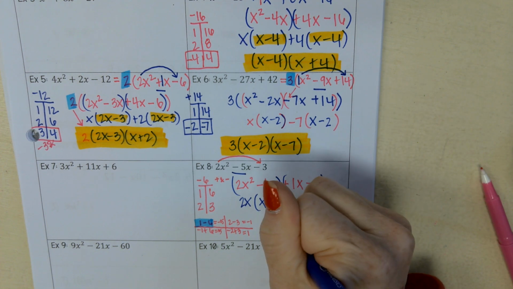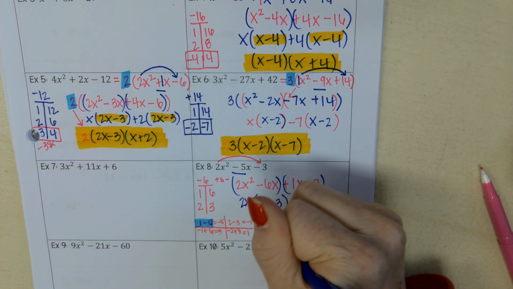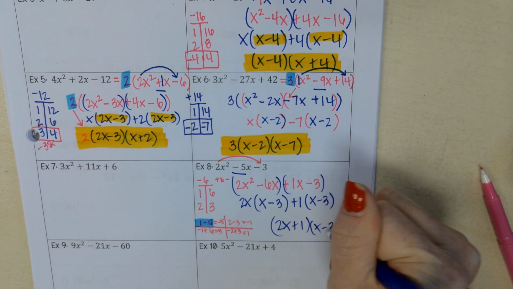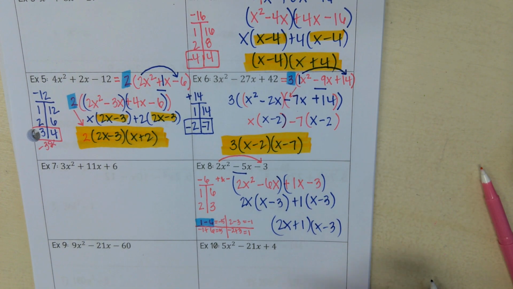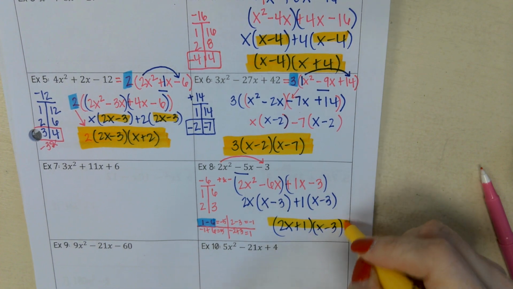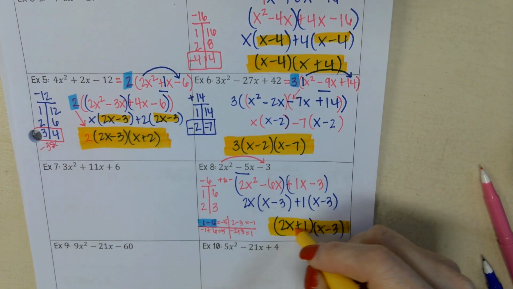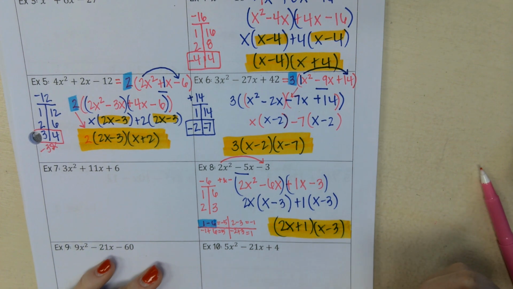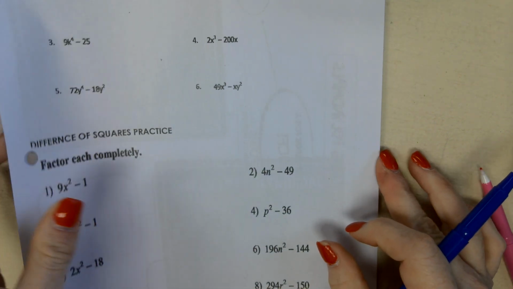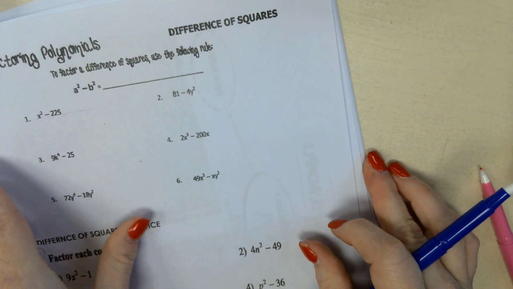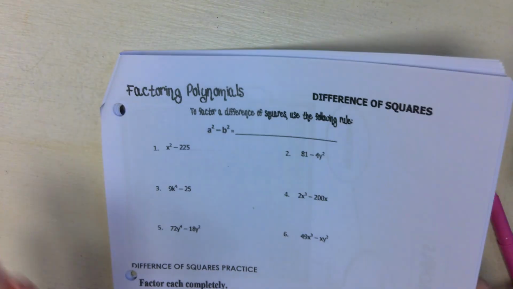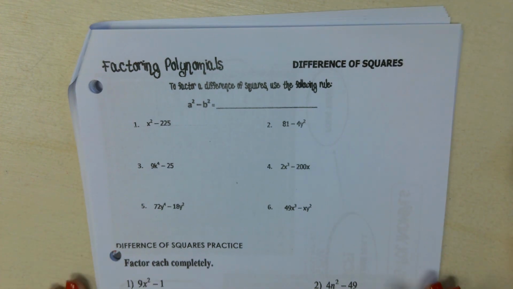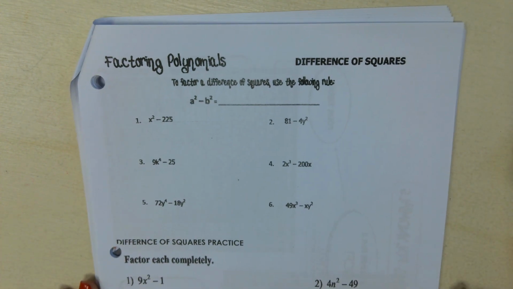So right here, I got 2x plus 1 and x minus 3. With a negative in the first part, you don't have to do it. You could. Yeah. You can rearrange those however you want to. You're going to get the same thing in the end.